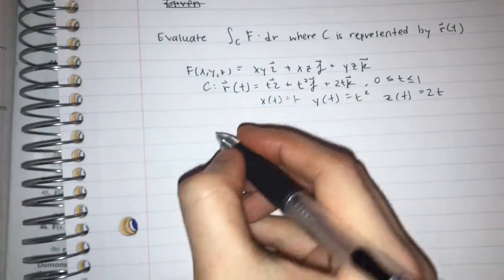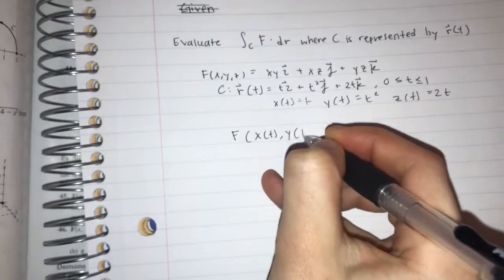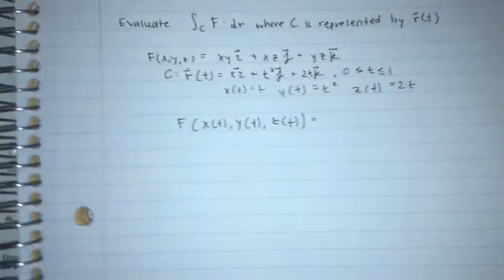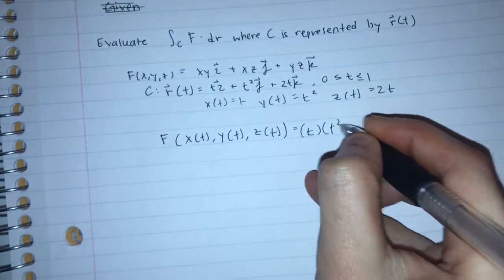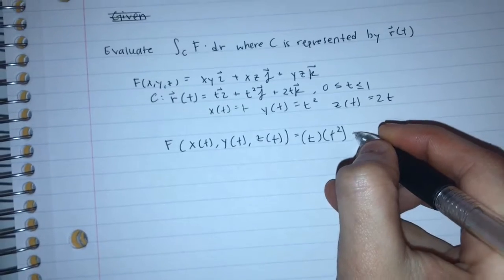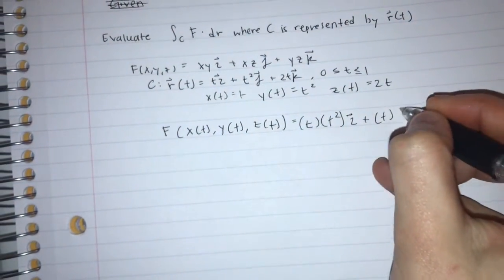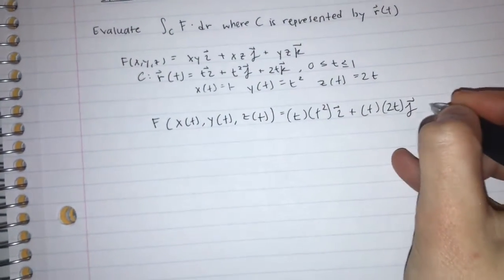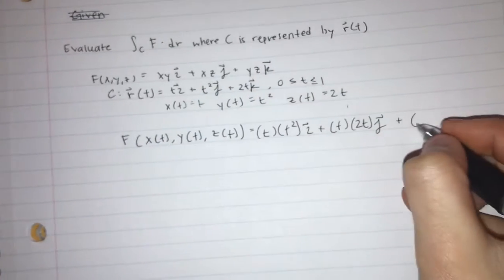So f of x(t), y(t), z(t) would equal t times t squared i plus t times 2t j plus t squared times 2t k.